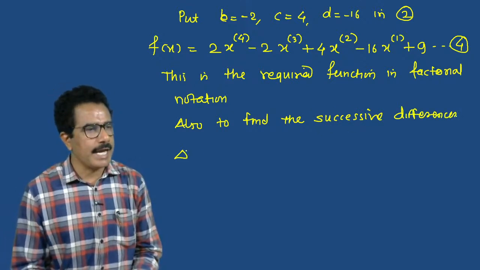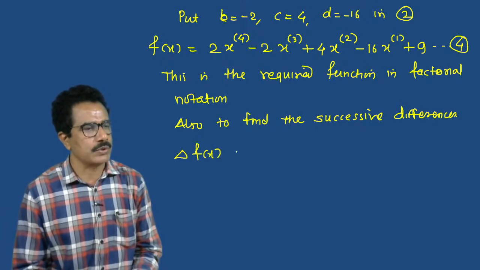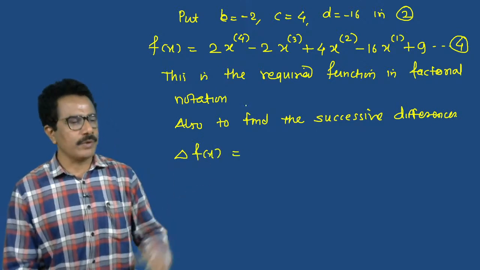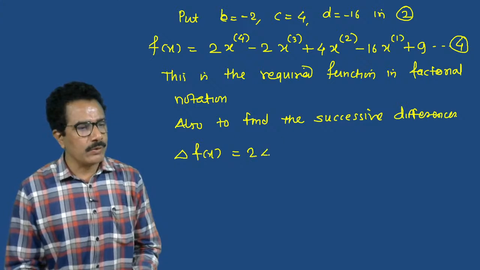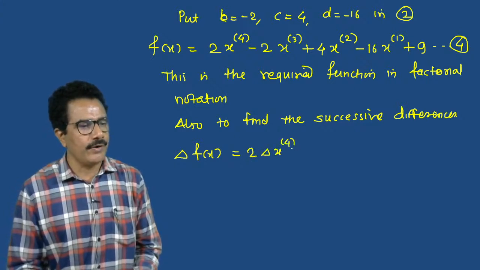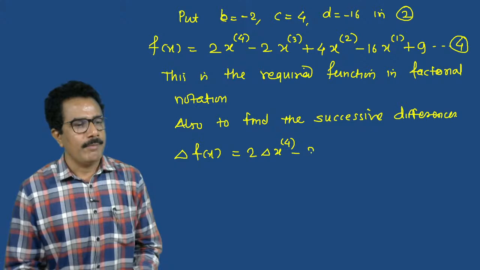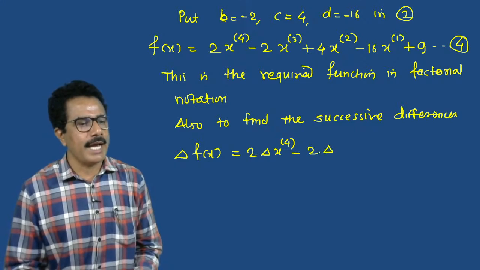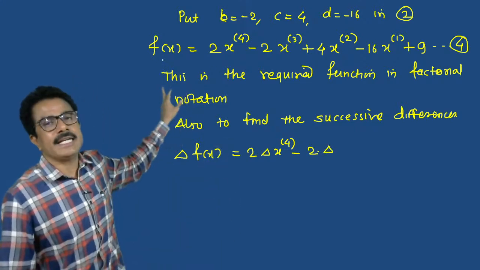see this, delta f of x equals to, now we have to write 2 into delta x raised to 4 factorial minus 2 into delta, we have to find delta f of x.